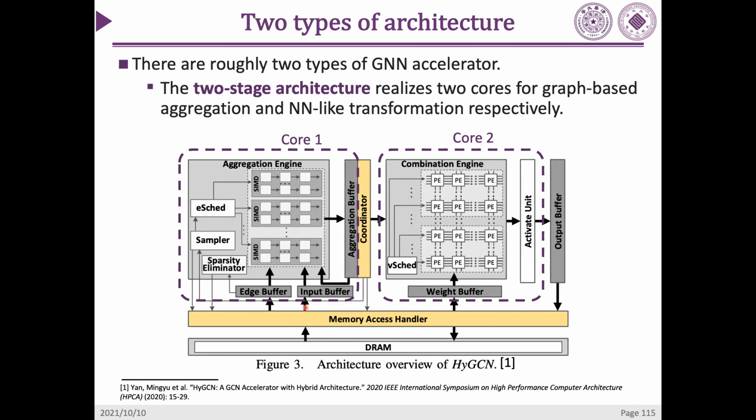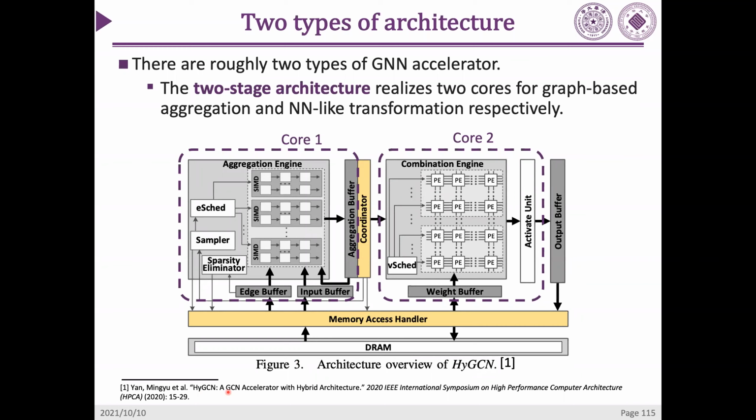The one is the two-stage architecture. This two-stage architecture was first proposed by HyGCN, here. As shown in this figure, the architecture implements 2 different cores for message aggregation and feature transformation in graph neural nets.